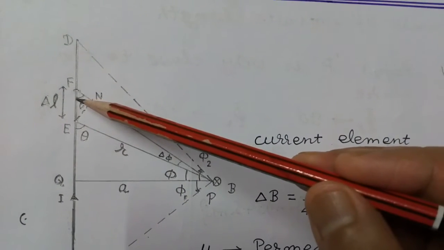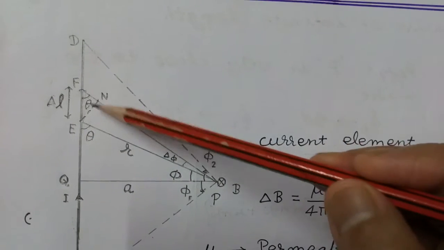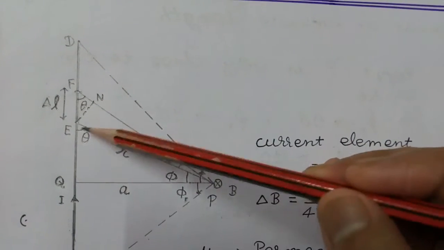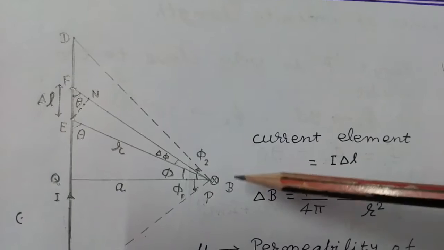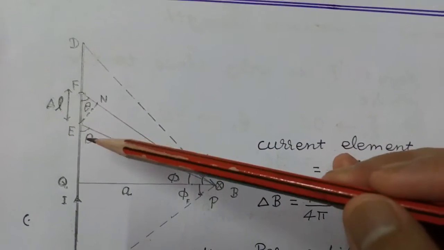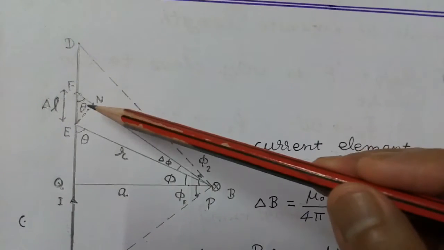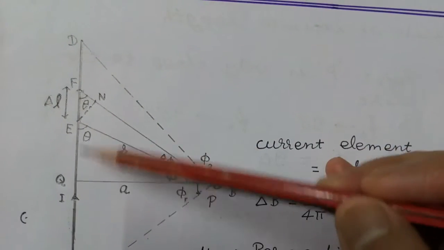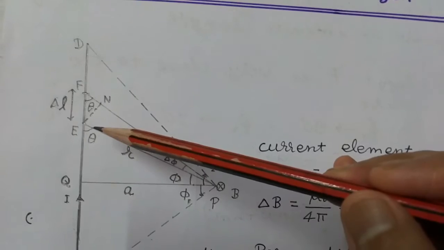Now suppose this angle EFN is theta. This angle QEP will be slightly greater than this theta. So there is very small difference, so we may also take this angle as theta.